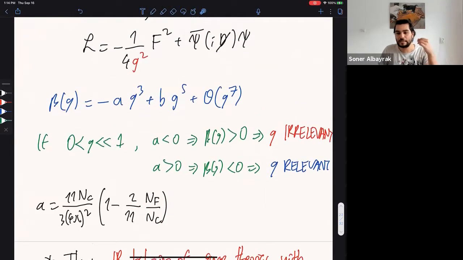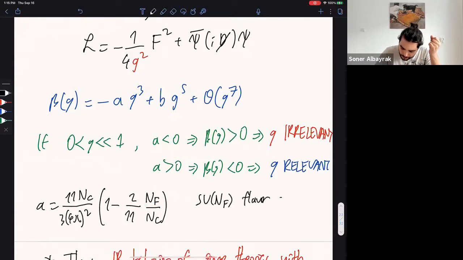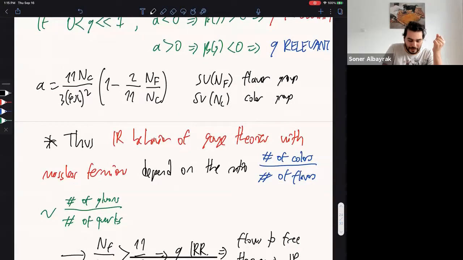So the gauge interaction is relevant or irrelevant depending on the ratio of N_F, the flavor group, and N_C. Just to remind you, we had an SU(N_F) flavor group and an SU(N_C) color group. If you don't know what the flavor and color groups mean, basically the color group means the number of gluons and the flavor group means the number of quarks. So the behavior depends on the ratio of the number of gluons to the number of quarks.